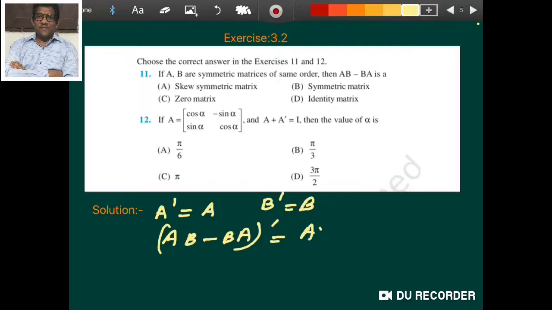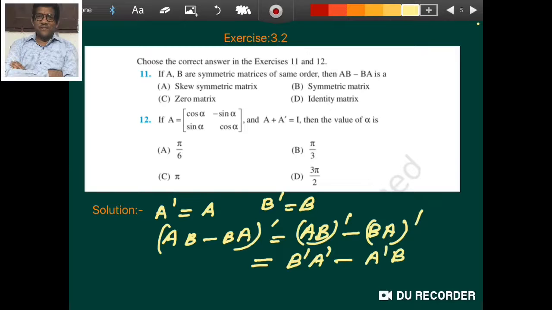We get AB dash minus BA dash. By the reversal rule we get B dash A dash minus A dash B dash. But B dash is equal to B and A dash is equal to A, so we get BA minus AB. You can write it as minus of AB minus BA. It means that it is a skew symmetric matrix.